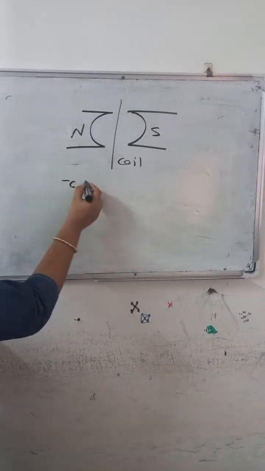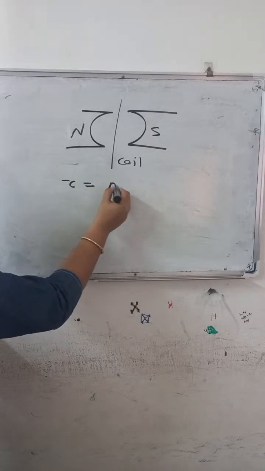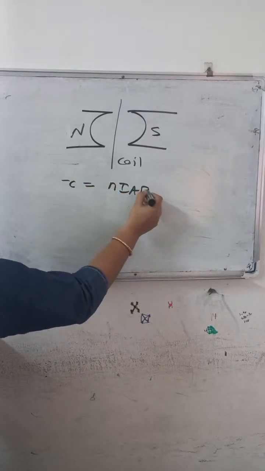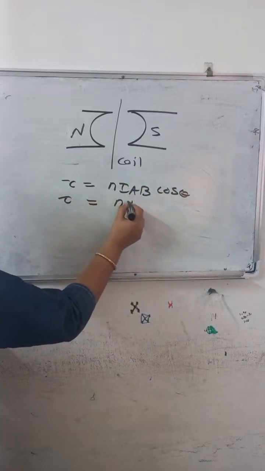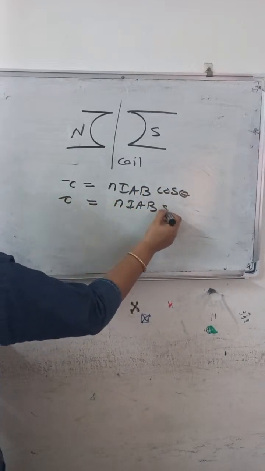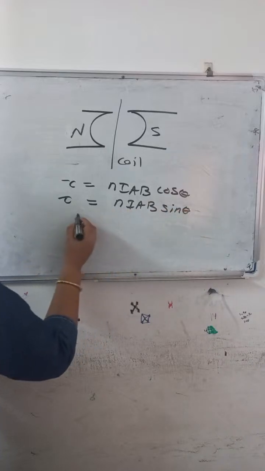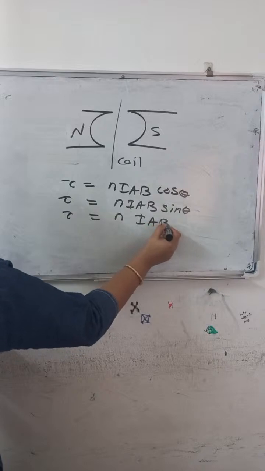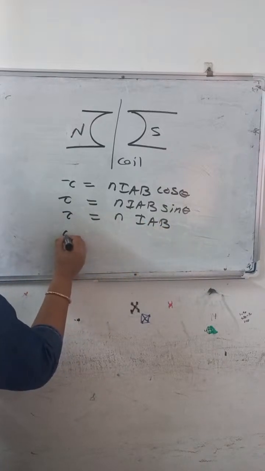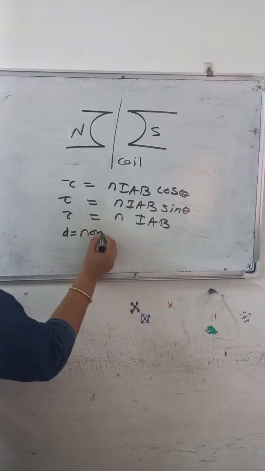They are giving option A, tau equals NIAB cos of theta. Option B, tau is NIAB sine of theta. Then C, tau is NIAB. Then D, none of the above.